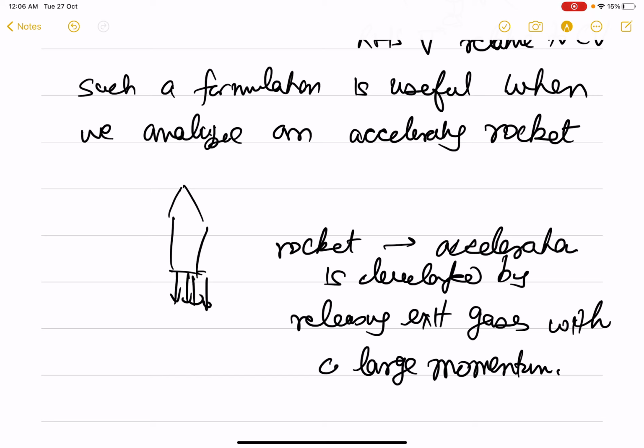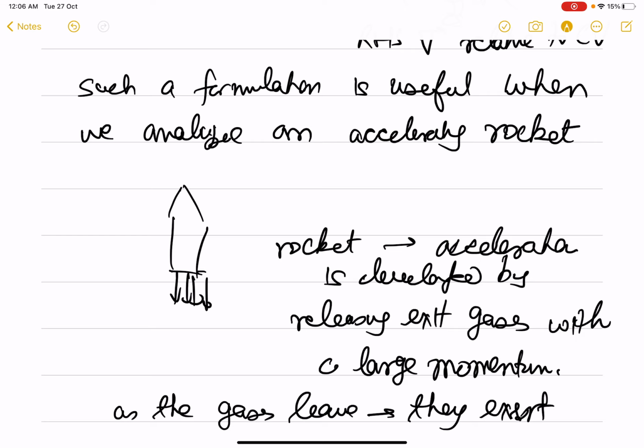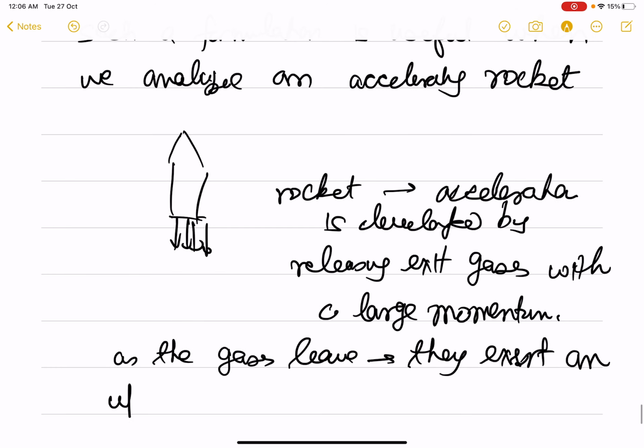So as the gases leave, they exert an upthrust on the rocket, and this is what causes the acceleration. So for such a problem of an accelerating rocket, if one wants to work on this, we can use the control volume formulation.